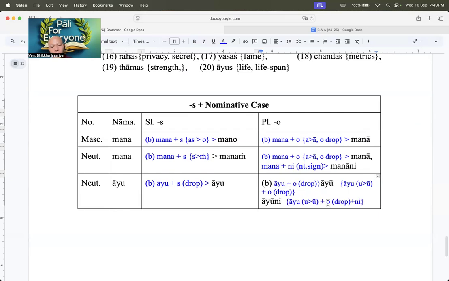Okay, so short vowel becomes long, and then O drops. So in this way, RU, that is the past form.